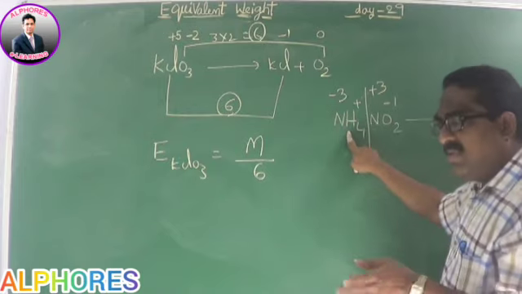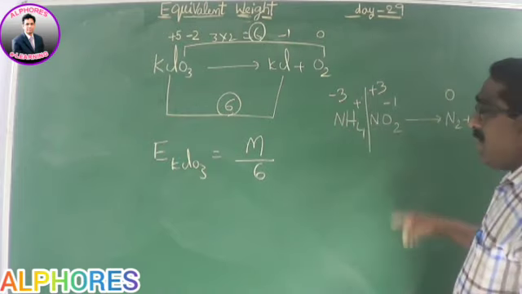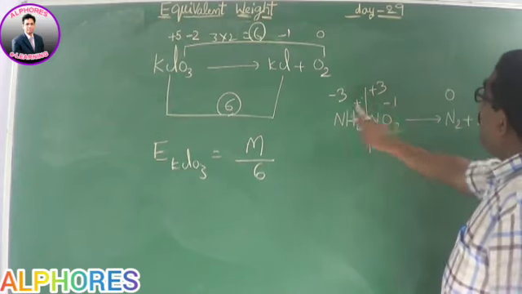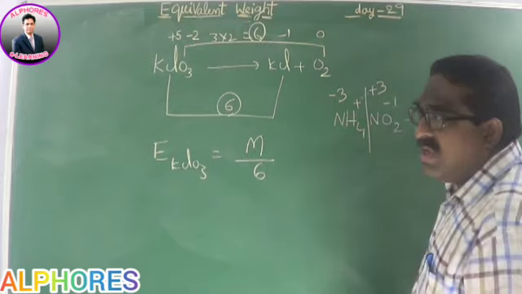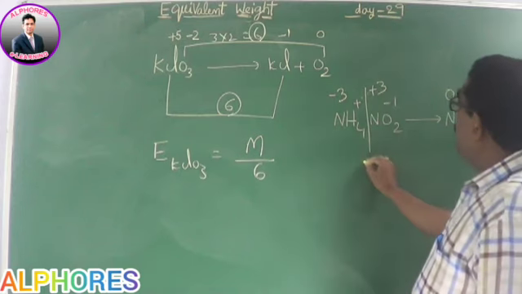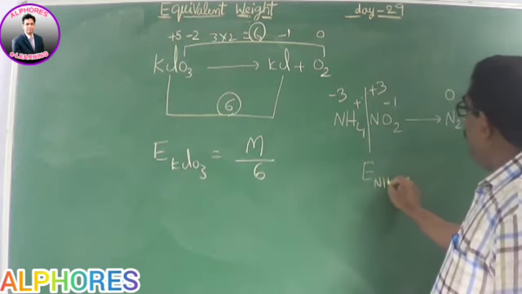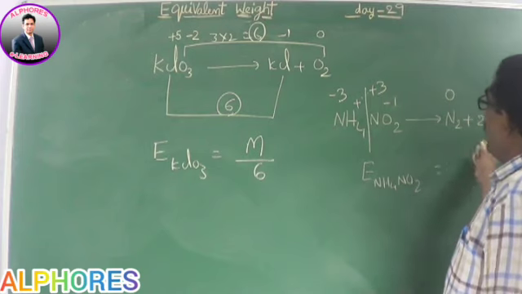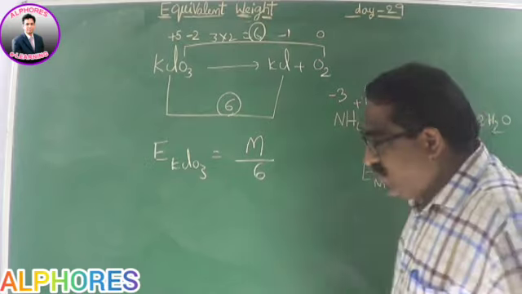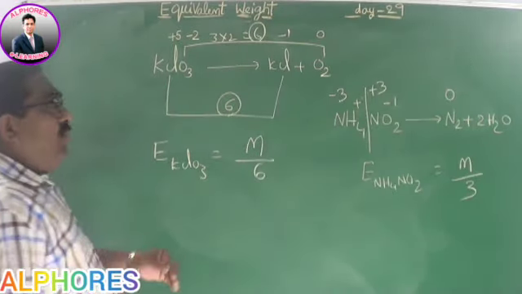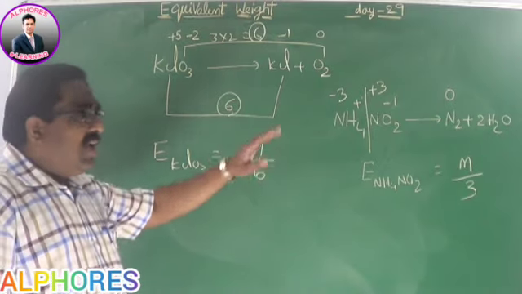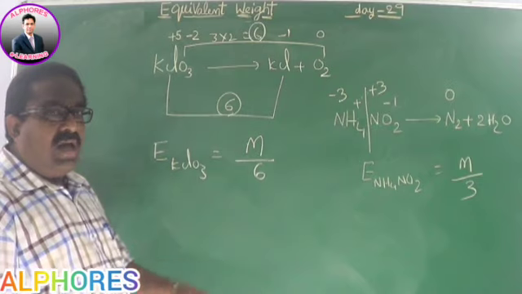That's why you can call this also an intramolecular redox reaction, where the number of electrons transferred is only 3. From oxidant to reductant or reductant to oxidant, the transfer is only 3. So the equivalent mass of this compound also we can take as molar mass, formula mass divided by 3. This is another approach to decide the equivalent masses, especially in the case of intramolecular redox reactions.